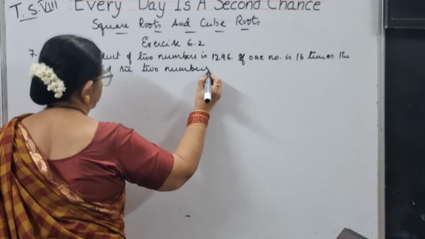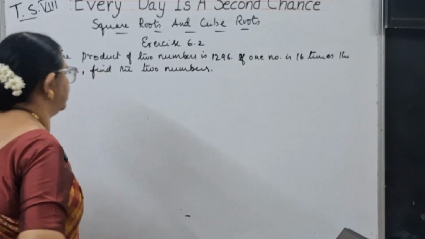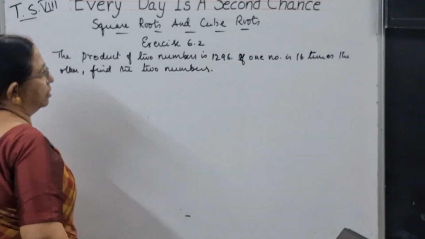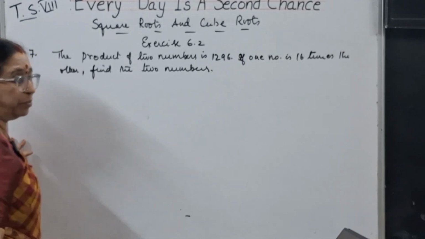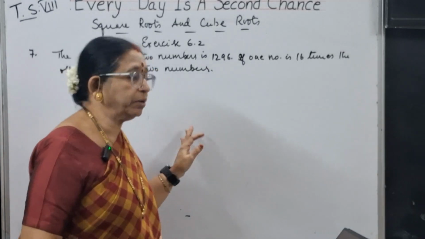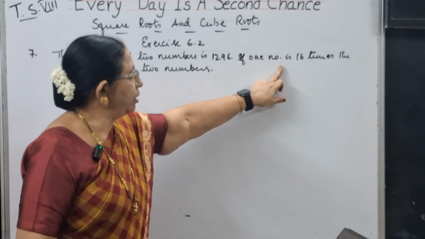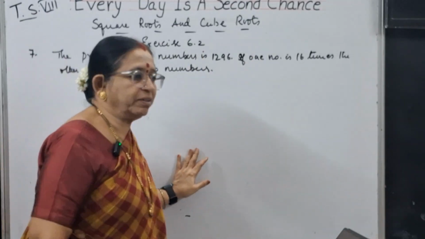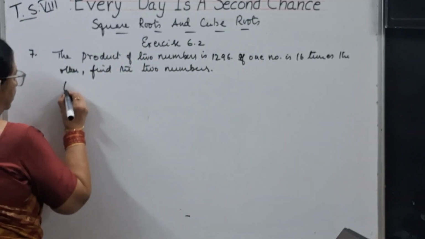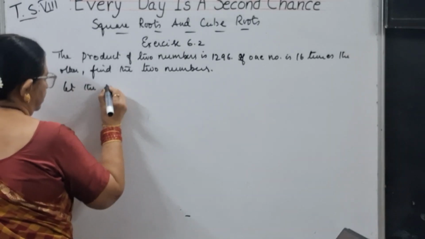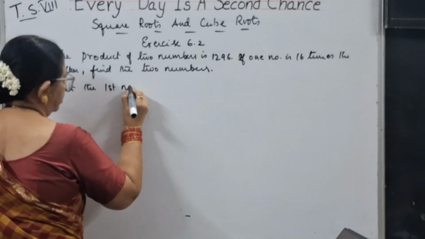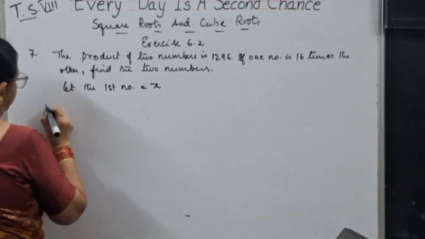This is the question. What does this question say? Product of two numbers. Product means multiplication. So if you multiply two numbers, you are getting 1296. If one number is 16 times the other, so let the first number be equal to x.